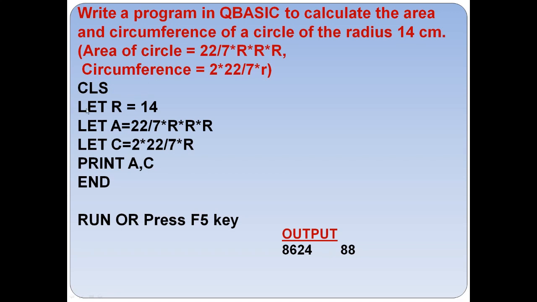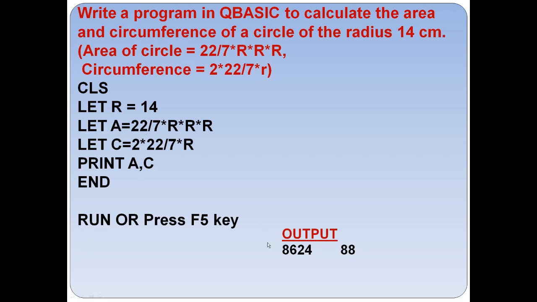CLS. Now let R radius is 14 cm, so we will write 14 here. Let A for area. Formula is given here, so we will write the formula. Circumference C. Formula is also given, so we will copy that formula. Now print A, C. A for area and C for circumference of the circle. And press F5 or write run command.